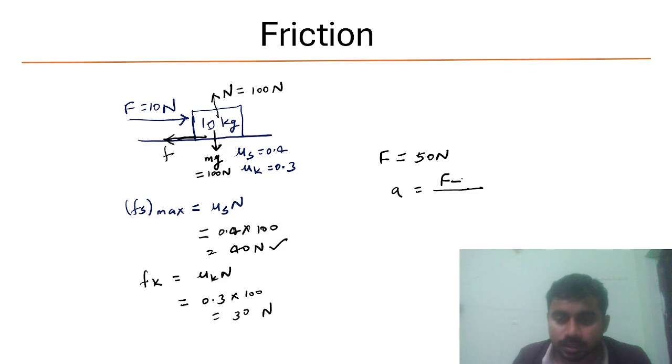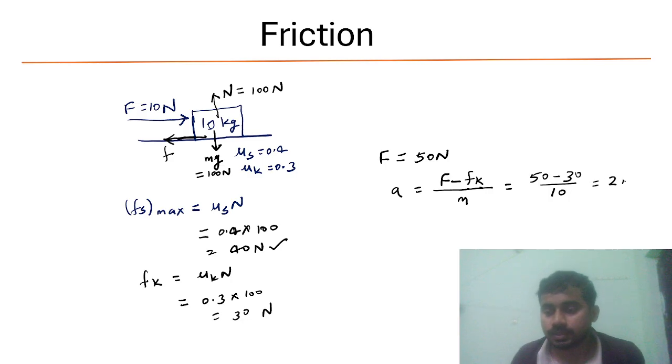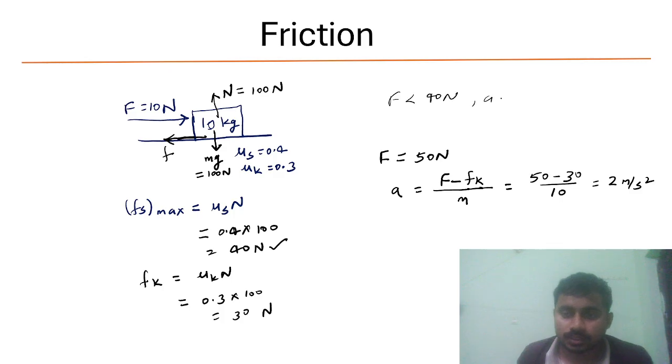So for motion, we will subtract the kinetic friction value and divide by mass: 50 minus 30 divided by mass 10, so this will be 2 meter per second square. So what we have seen, for F less than 40 Newton acceleration will be 0, and for F greater than 40 Newton there will be some acceleration, and we have proved it from this numerical.